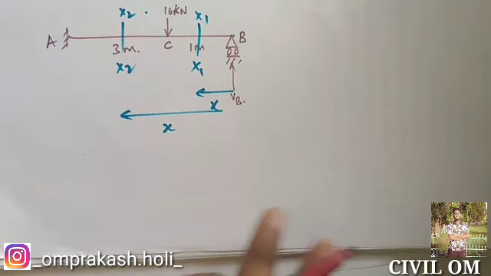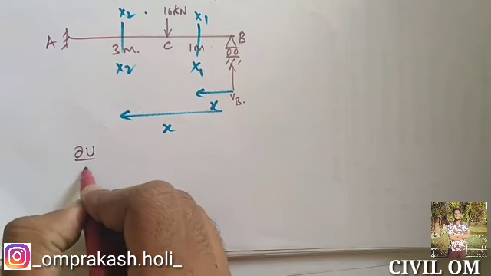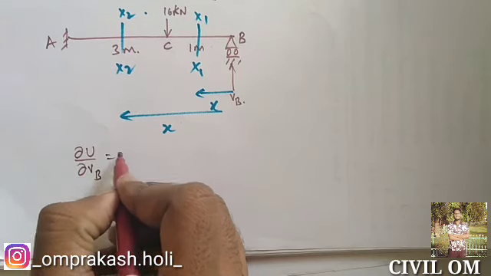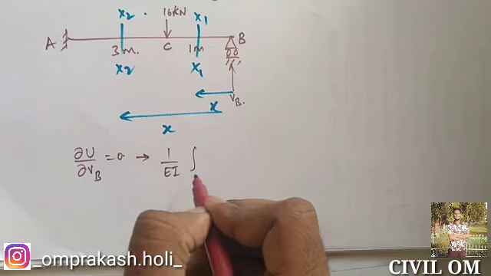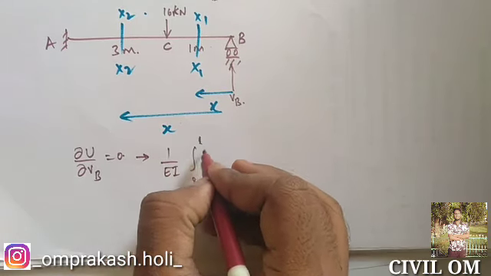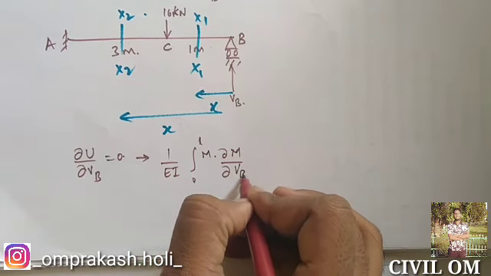Now let's take Castigliano's second theorem. What does it state? Dou u upon dou VB is equal to 0, which implies 1 upon EI integral 0 to L of m into dou m upon dou VB is equal to 0.